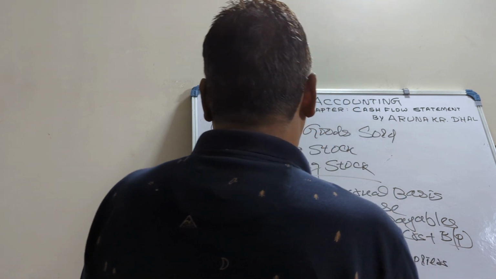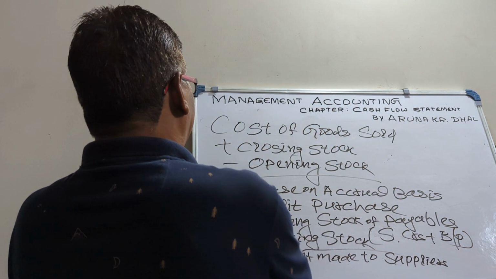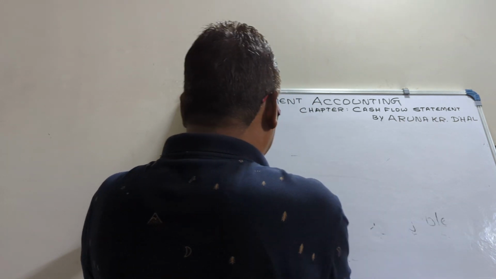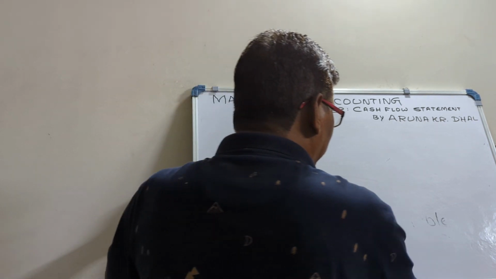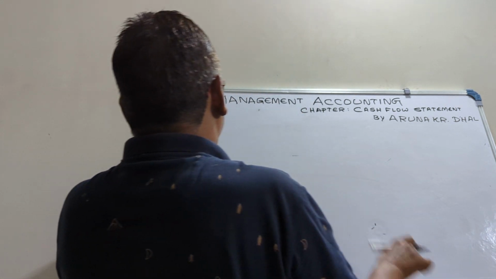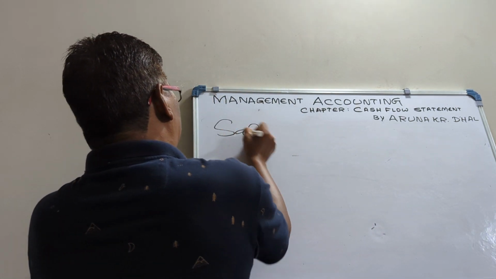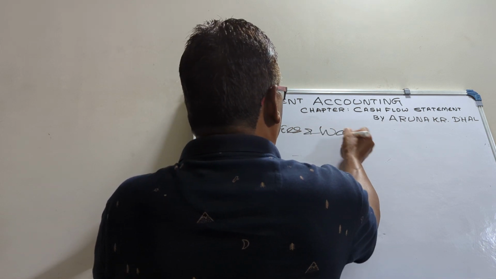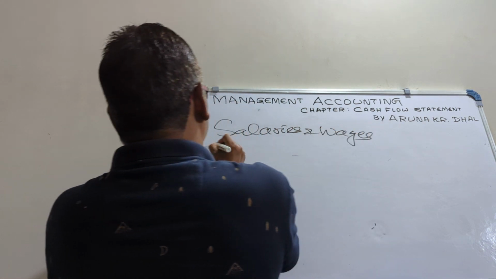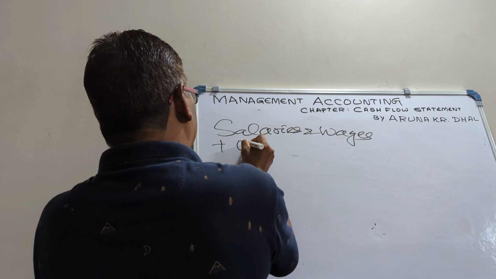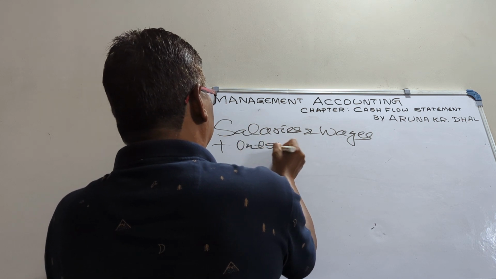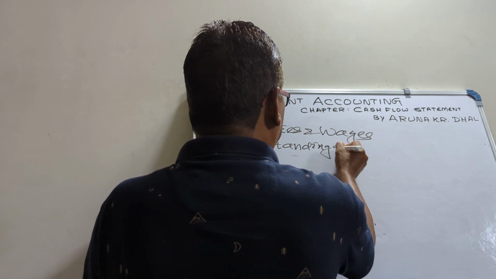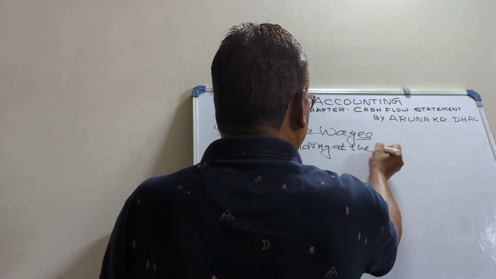Then we will consider salary to staff. For salary to staff, in the statement of profit and loss account, we will take salaries and wages. Then we will add salary outstanding at the beginning of the year.